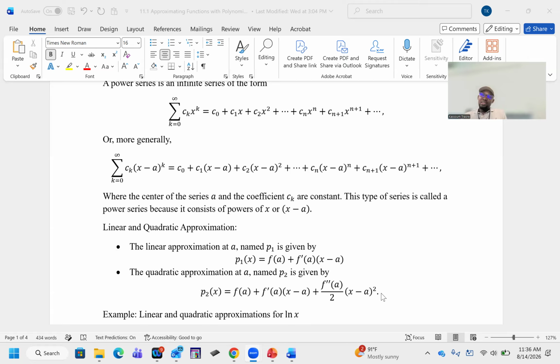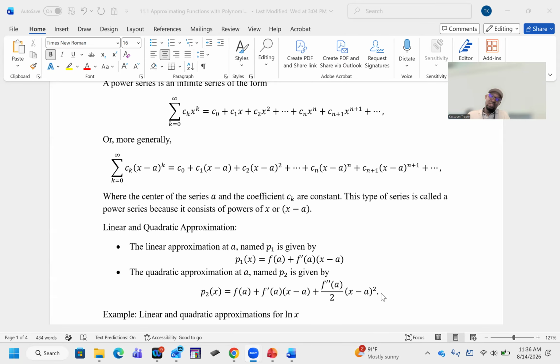So, in chapter 1, in calculus 1, we learned that if a function f is differentiable at a point a, then it can be approximated near a by its tangent line, right? That's one use of the derivative, which is a linear approximation to f at the point a.